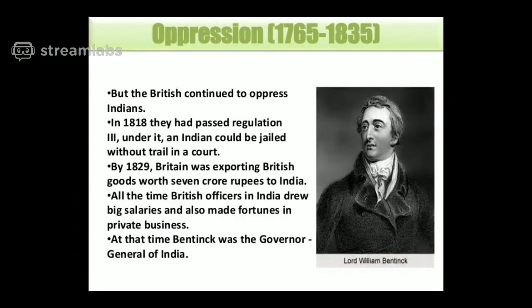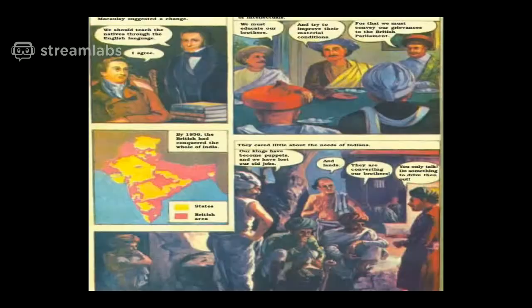Okay. Now, oppression, of course, again, the main points that we discussed here, the British continue to oppress. Now, next, they were of opinion that English education... till now, education in India was in which language? Sanskrit and Persian.